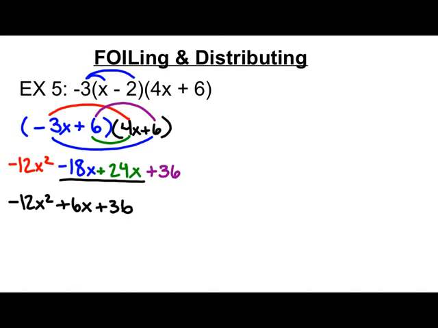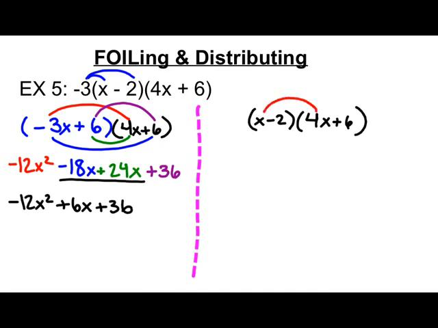What if I do the exact same problem, but I FOIL first? Am I going to get a different answer? Well, theoretically not. So let's figure this out for sure. Say I start by taking x minus 2 times 4x plus 6. X times 4x is 4x squared.